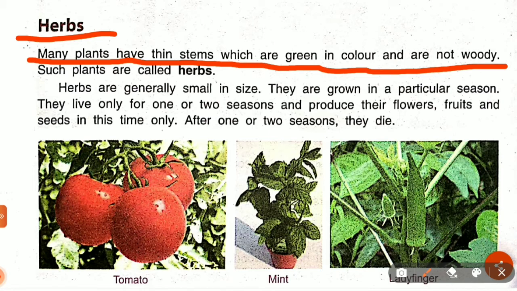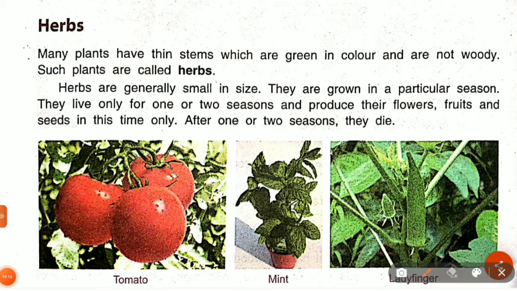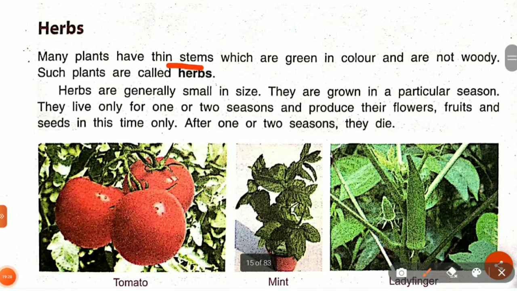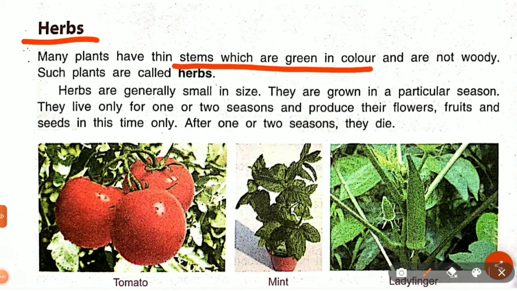But herbs, the third one which we are reading now, will not have a woody stem. Such plants are called herbs. The stems of herbs are green in color. So you should remember this. Herbs means the stems are green in color.